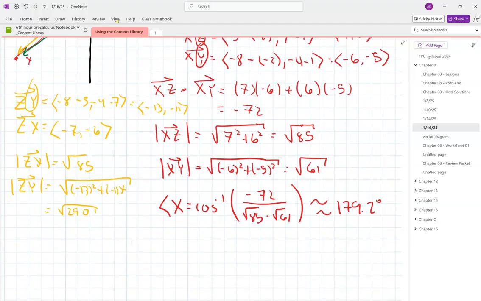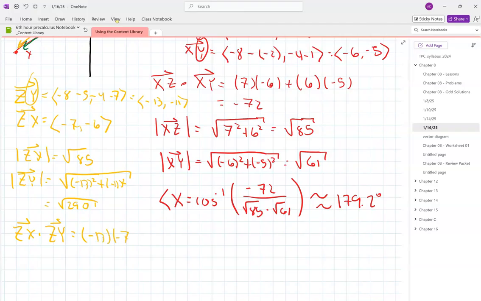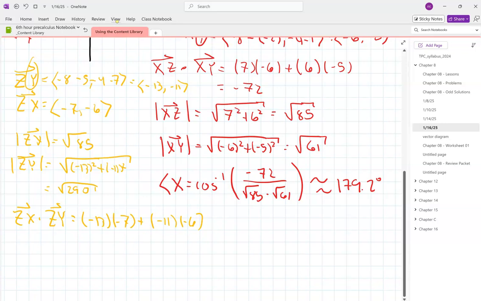Yep, that sounds right. And then I'll do their dot product, ZX dot ZY, which is just going to be -13 times -7 plus -11 times -6. So -13 times -7 is 91 plus 66, so that's 157.